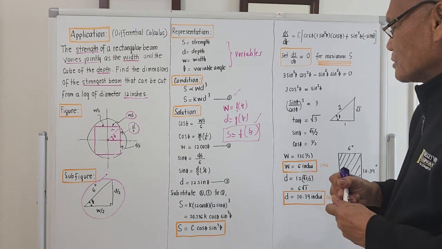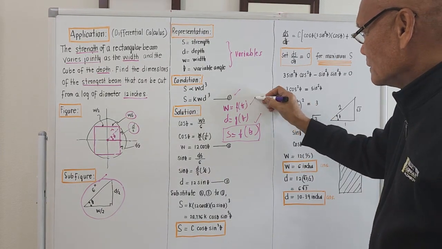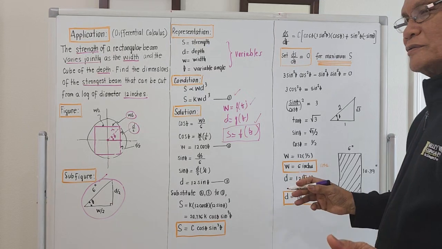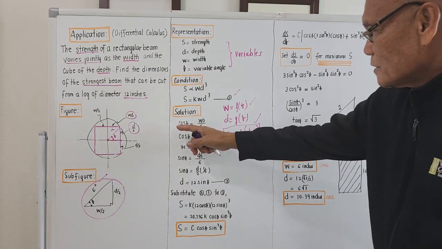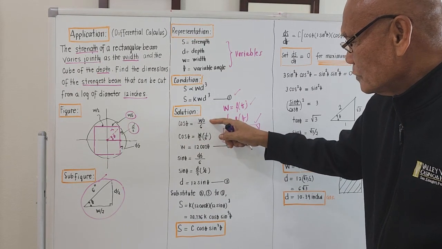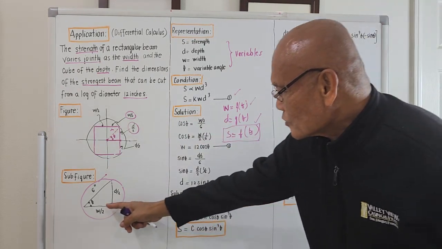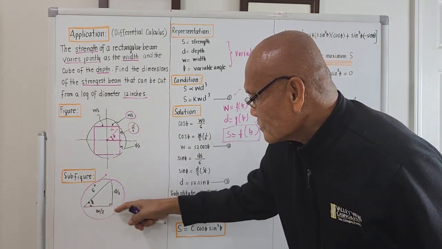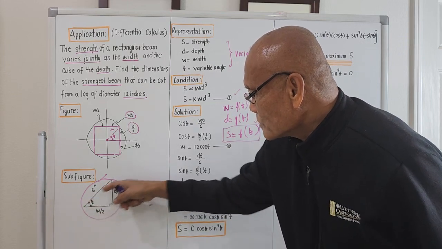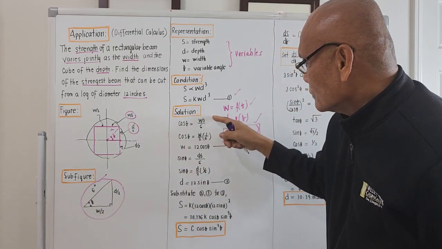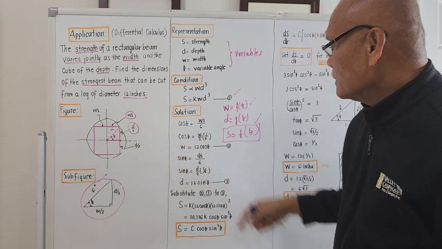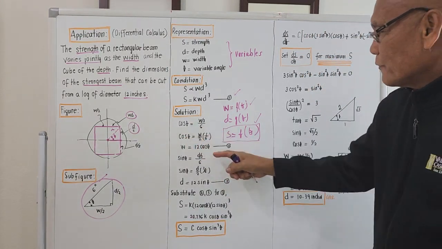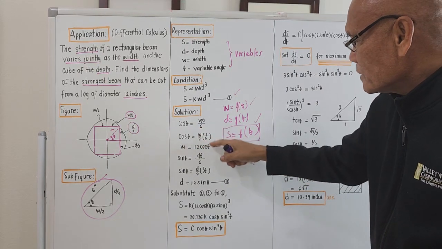And to get the relation of W as a function of theta, this is now a formulation of equation, right? Cosine of theta will be W over 2 over 6. The cosine of theta here will be the adjacent side over the hypotenuse. Manipulating this, cosine of theta will be W over 2 times 1 over 6.